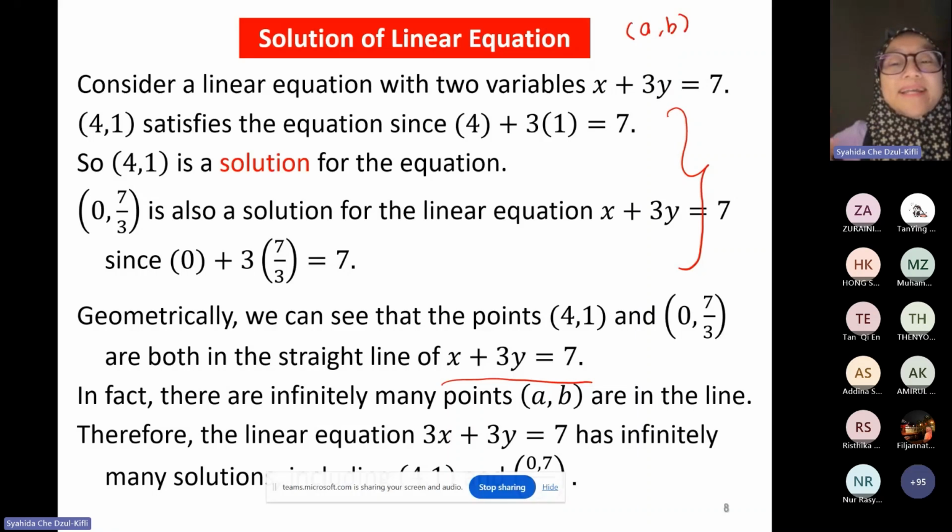The solution must have 2 components to represent 2 variables, x and y. So if we have a linear equation with 4 variables, therefore the solution of the linear equation must be a 4 tuple. We may have A, B, C, and D as a solution of the linear equation with 4 variables.